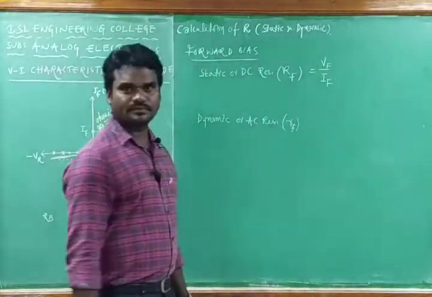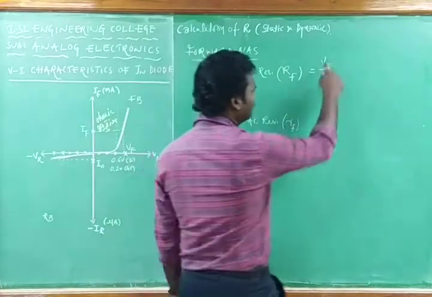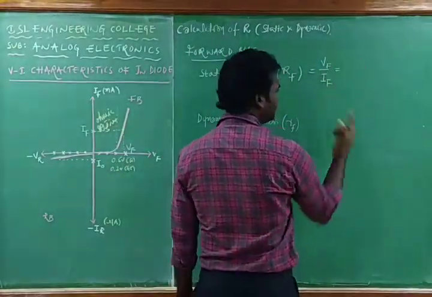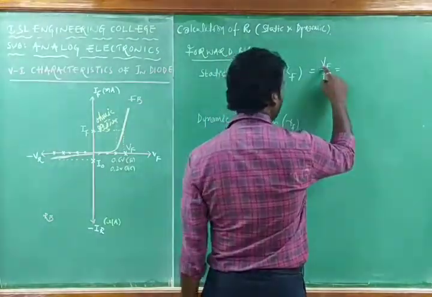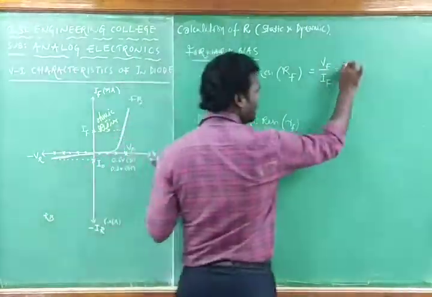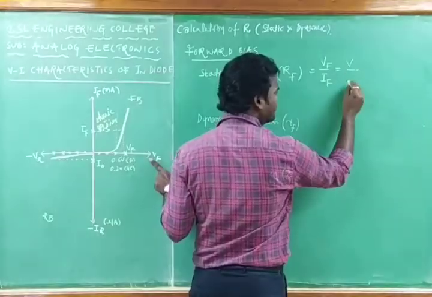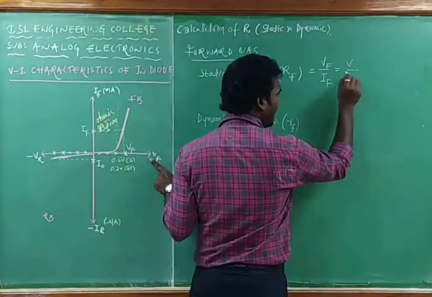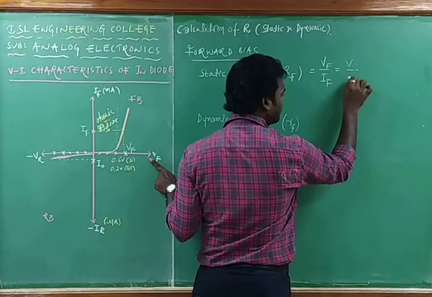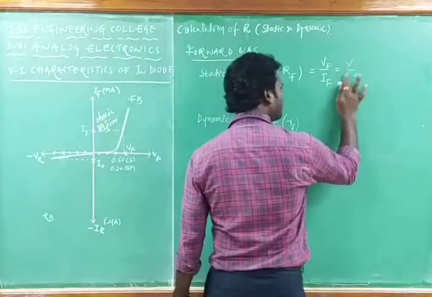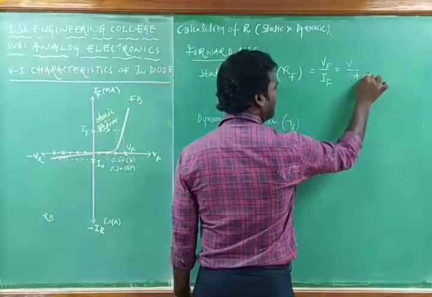Now V by I is a resistance, and the unit will be ohms. Vf is in volts and If is in milliamps. Milli means 10 power of minus 3.